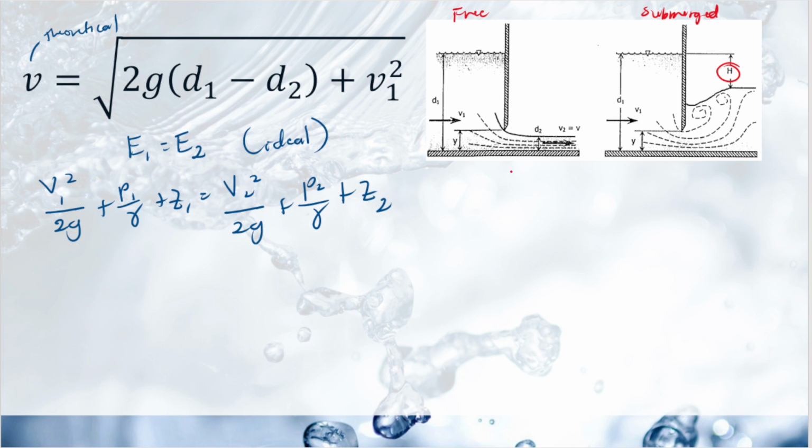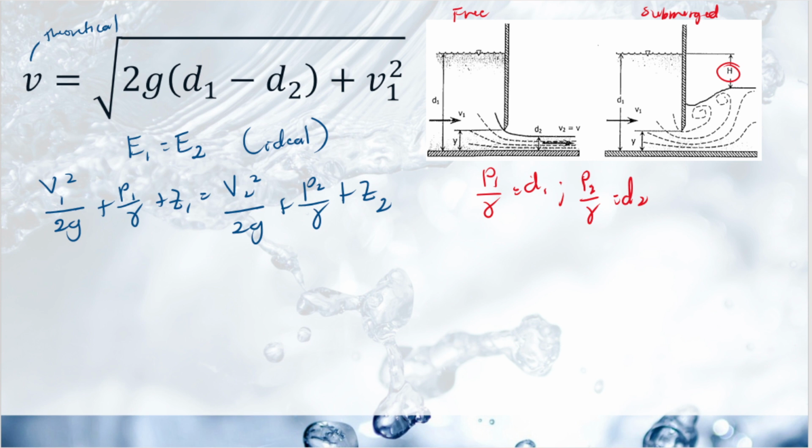In this scenario, using the free flowing, P sub 1 over gamma is equal to D sub 1, and P sub 2 over gamma is equal to D sub 2. These are the potential energy heads or the pressure heads.